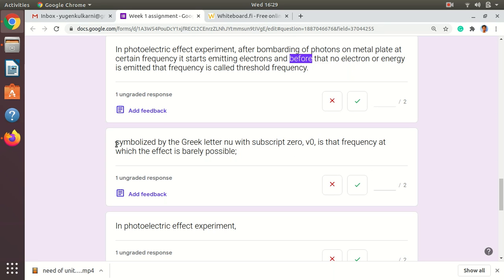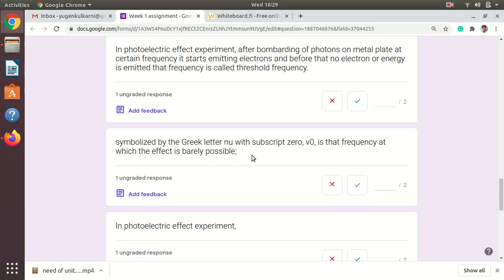Okay, here also, that is a description of the threshold frequency, but this does not explain anything. It is the frequency at which the effect is barely possible. So this is an incomplete definition, because it is right that it is barely possible, but in this definition we should write that it is not possible below that.